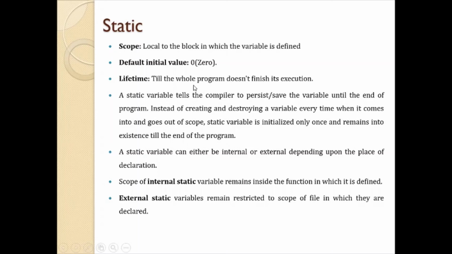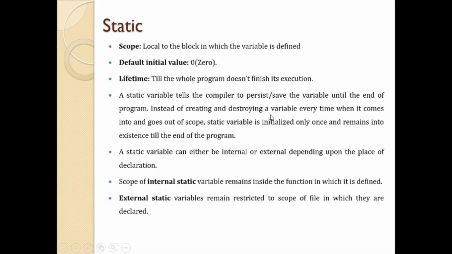Whenever the program terminates, only then are those variables going to be destroyed. Static variables tell the compiler to persist or save the variable until the end of the program. If you want to retain a variable till the end of the program, then it can be a static variable.